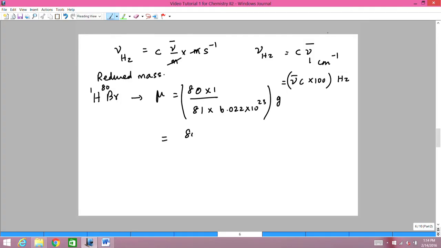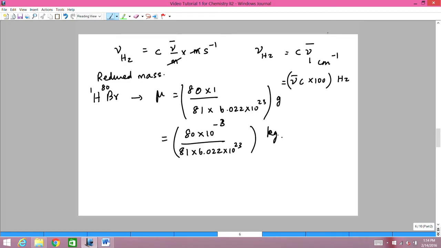Therefore, you have to multiply this by 10 raised to minus 3, 81 into 6.022 times 10 to the 23. So, that would give you kilograms.